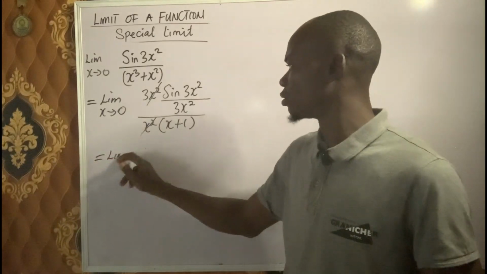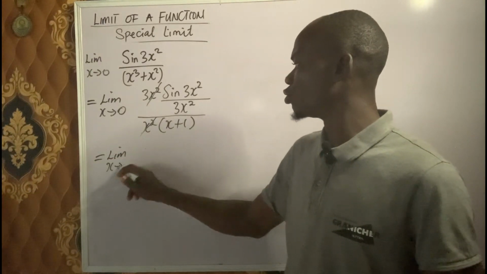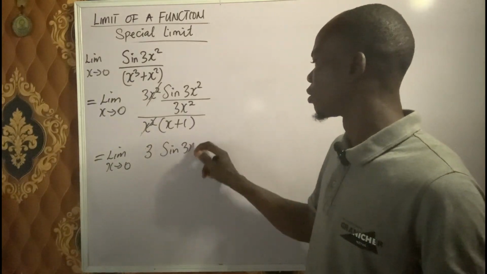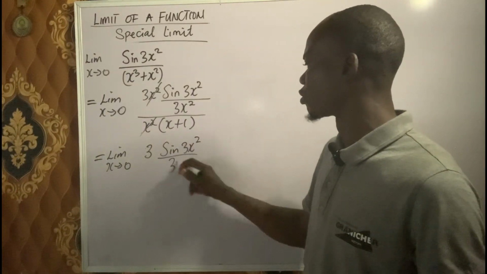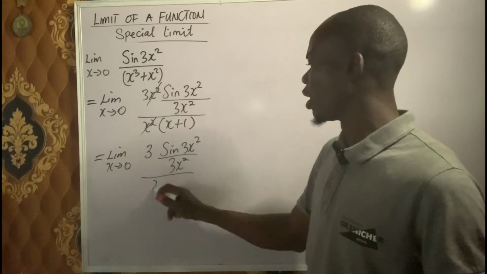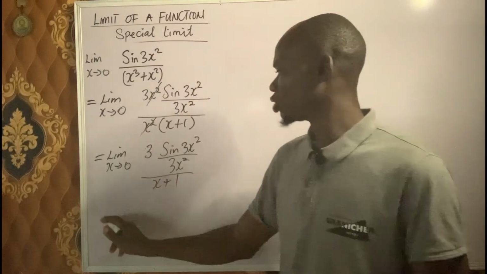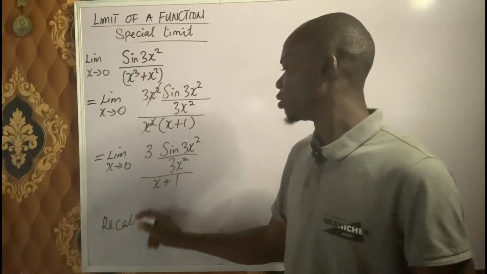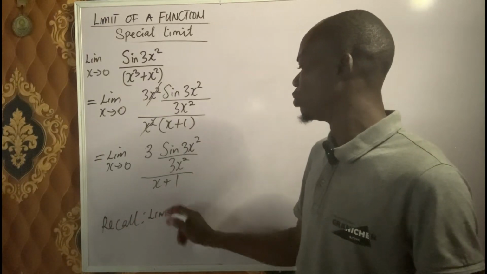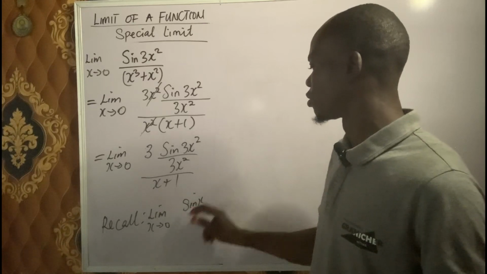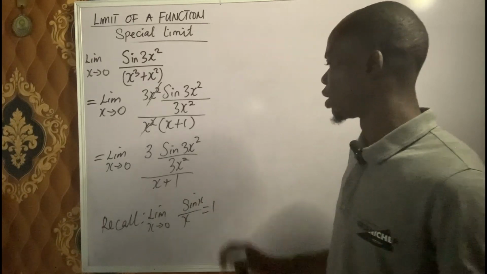What do we have left? We have limit as x tends to 0, 3 sine 3x squared over 3x squared, all over x plus 1. Now we can recall our special limits. Recall that limit as x tends to 0 of sine x over x is 1.